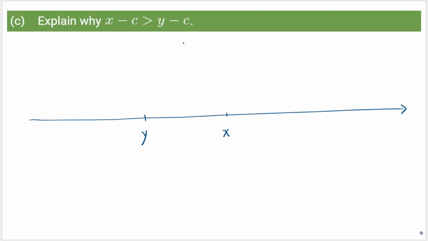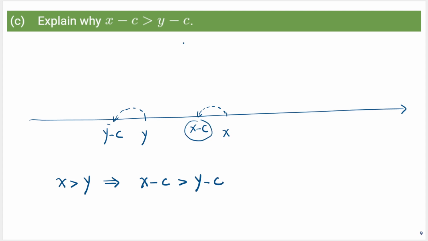Moving the same distance to the left of x, suppose this is x minus c, then this must be y minus c, right? Therefore, if originally x is larger than y, then x minus c must be larger than y minus c, because x minus c is still to the right side of y minus c. You see that?